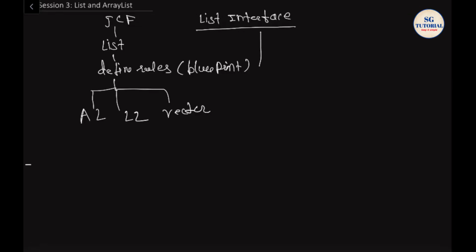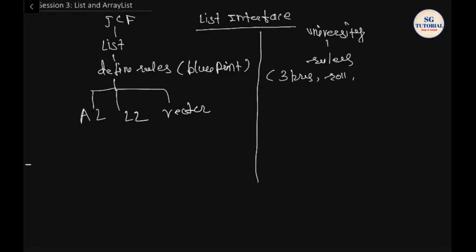For example, imagine your college conducts an exam. For that, the university provides some set of rules such as the exam should be 3 hours, every student must write their roll number, and answers must be written in the answer sheet, right?